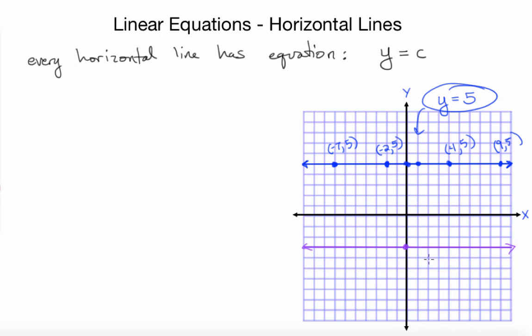So the equation of that line would be y equals -3. What are all the points that have a y value of -3? All right, so there we go. Jot that down. Every horizontal line has the equation y equals c. If you can find what that constant is, what is that value that the y points always have, then you've got your equation. All right, let's dig a little bit more into some special cases here.